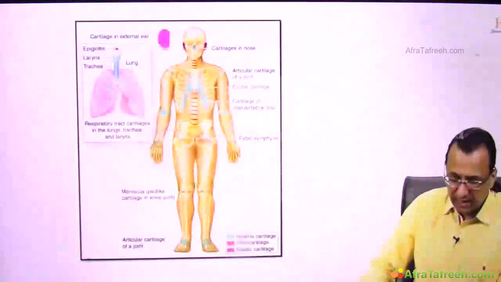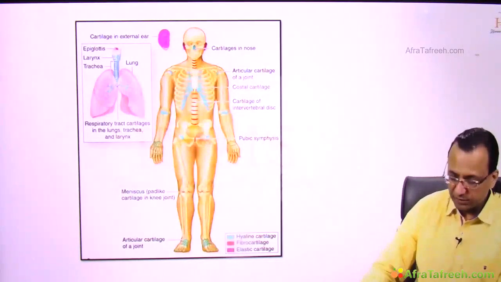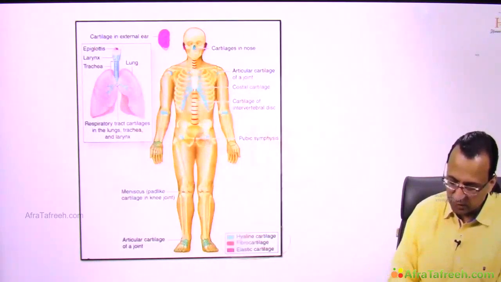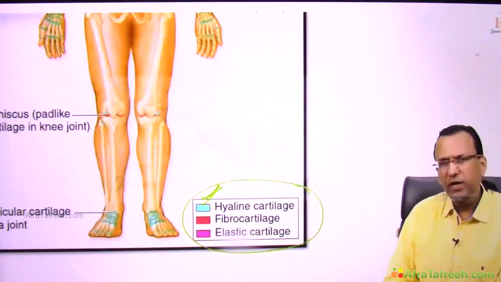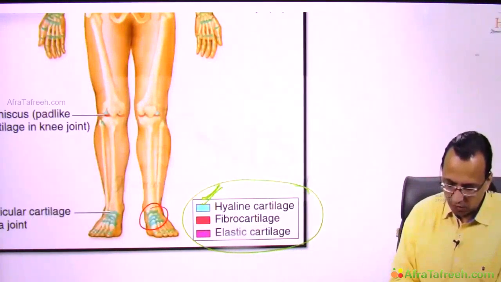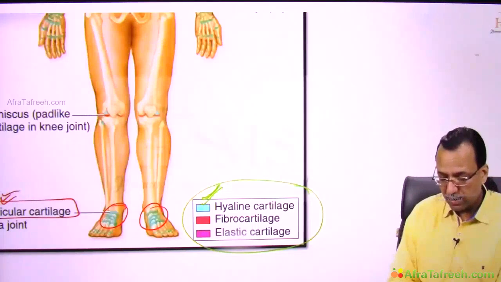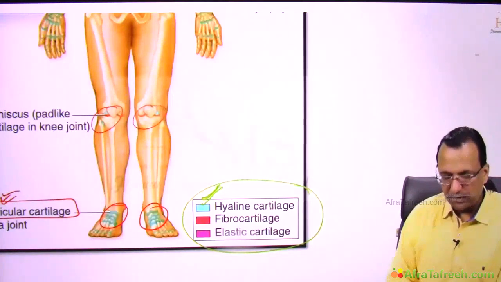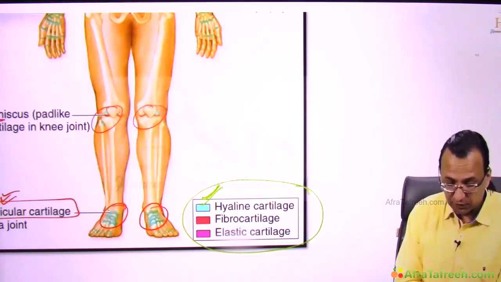This diagram will tell you repeat information. Again we are talking about cartilages. Blue color is hyaline. Where is hyaline? We have just seen this. All the articular cartilages are hyaline, maybe the knee joint, ankle joint. But not the meniscus. Meniscus is red color.